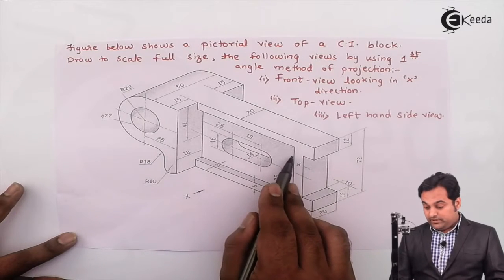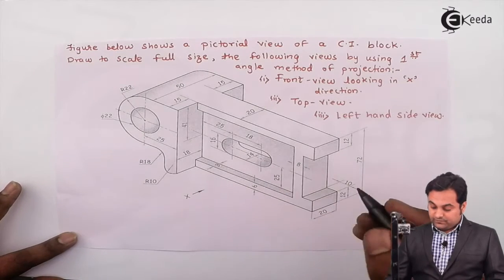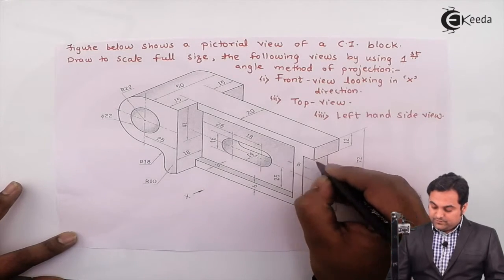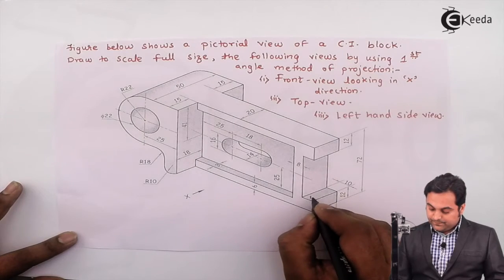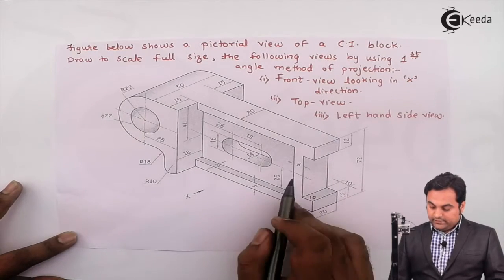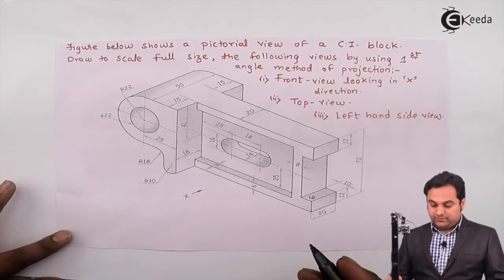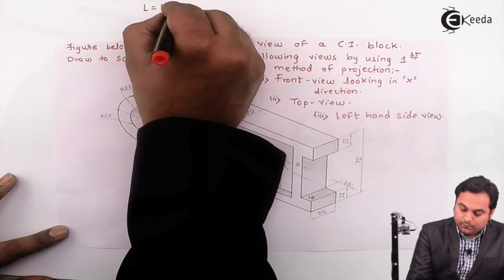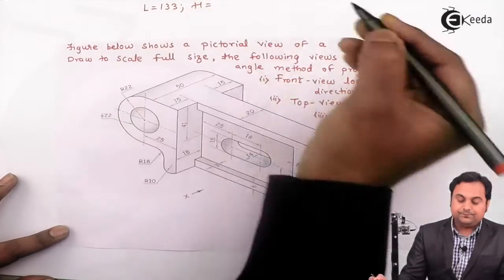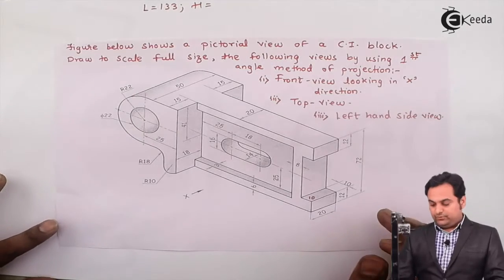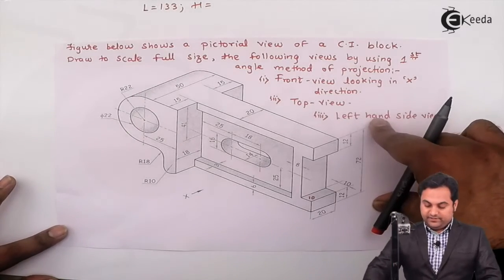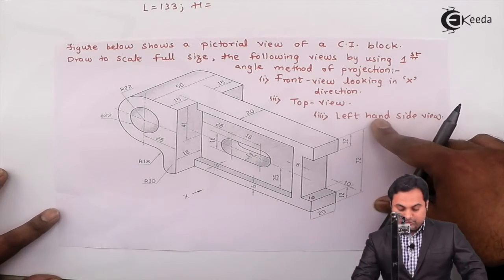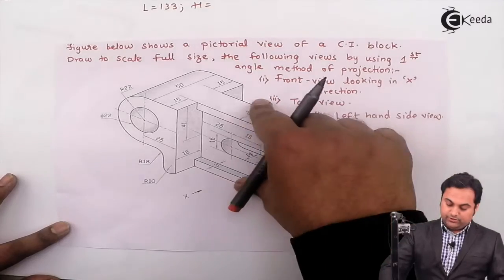Then 25 plus 8. Then the length of this block, here it is given as 10. So 8 plus 10. When I add all these values, I'll get the total length as 133 mm. Then for the total height, it is simple, given here directly as 72 mm, and this height is going on throughout.